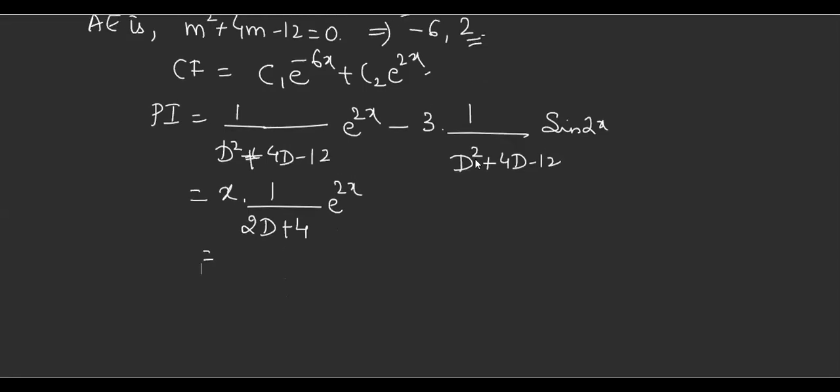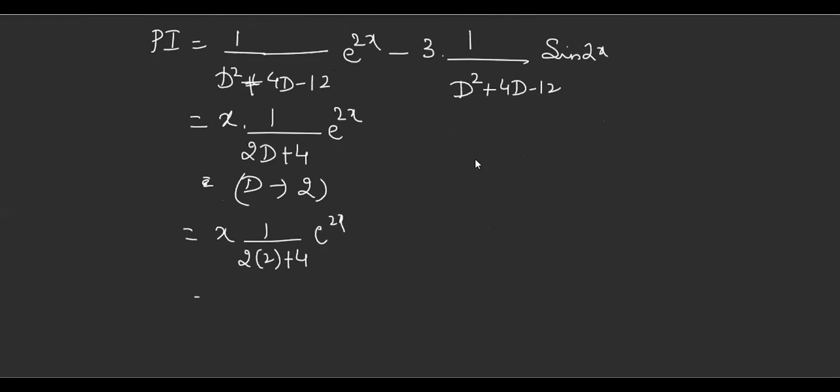Just do it. Replace D by the coefficient of x, which is 2, as this belongs to case 1 only. So this is x times 1 upon 2 into 2 plus 4, e raised to 2x. This can be simplified. What is the value? 8. So this is done for the first term.